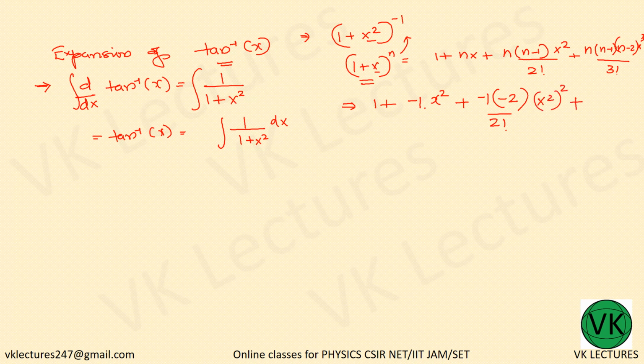Plus let us write the last term also. So minus 1 into minus 2 into minus 3, because n minus 1, n minus 2 also will be there, divided by 3 factorial, into x to the power 3, so x square whole to the power 3. Okay, it's not very difficult. Okay, so 1 minus x square.